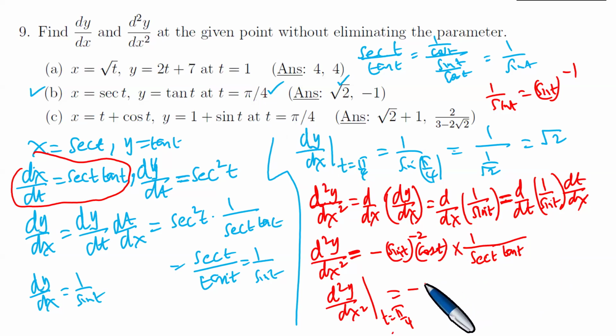You put minus the cosine of pi over 4 over the sine squared of pi over 4, and then you put the secant of pi over 4 and the tangent of pi over 4.